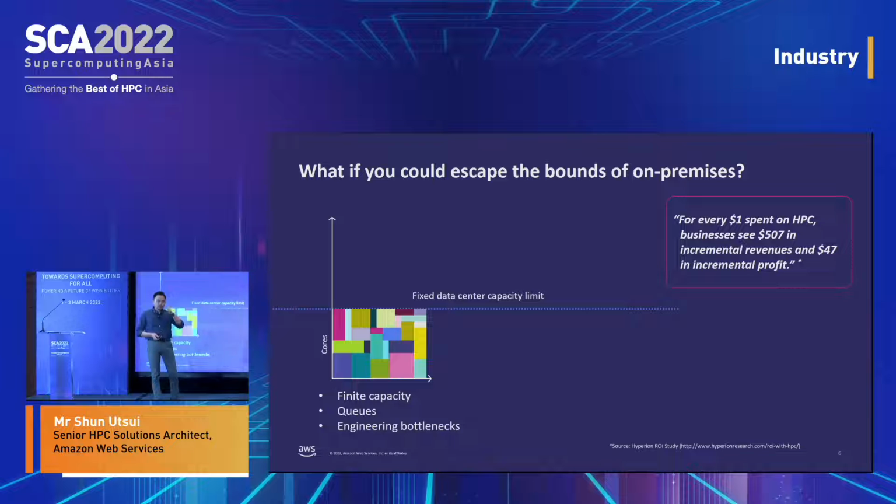Now, I use the word elasticity, and let me explain what I mean by that. If you look at this diagram here, you see a typical on-premise infrastructure setup. Now, the colored boxes here represent the jobs that are submitted by several users. The on-premise resources have finite capacity, so users will have to wait for a longer wait time.